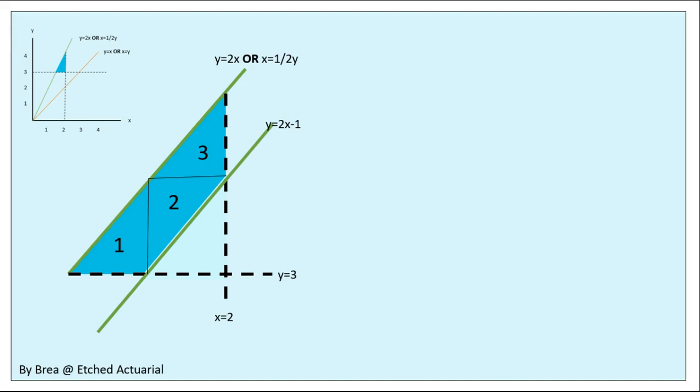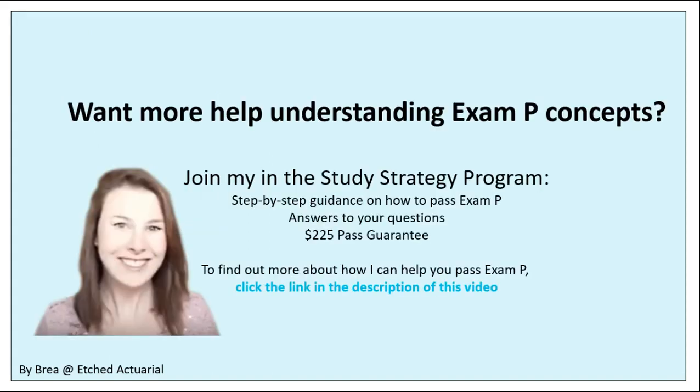Maybe they'll do a really easy integration and expect you to be able to know that, but usually these kind of problems would take longer. I do know for sure, though, that there are questions where you have to split up an area into 2 separate regions so that you can integrate over them. So I hope that helps you understand whether to do dy dx or dx dy. I just wanted to throw this out there.